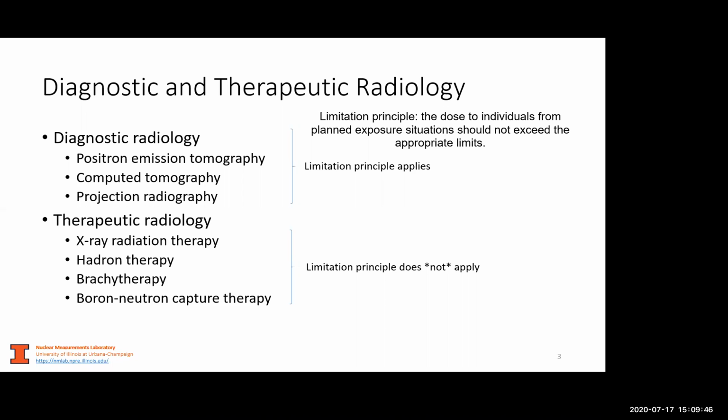In other words, patients do receive very high doses in radiation therapy, and these doses are planned specifically to be detrimental and to kill tumor cells. Unfortunately, as we will see, they also have the potential to damage healthy tissue. So our efforts are geared towards limiting these damages to healthy tissues while maximizing the damages to the tumor.